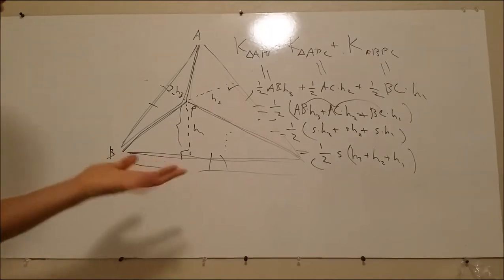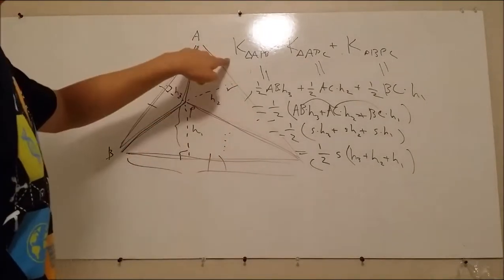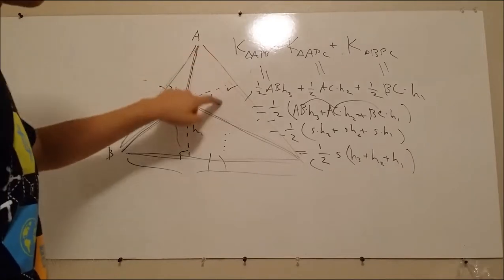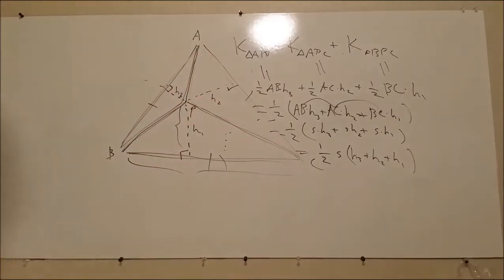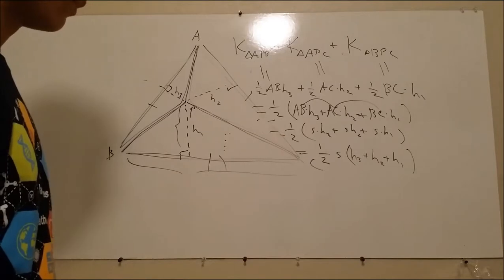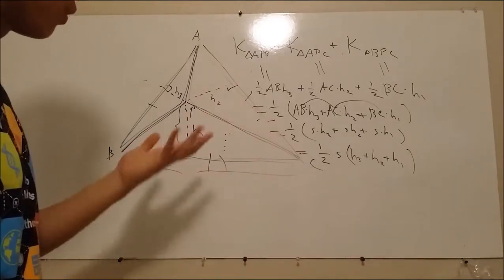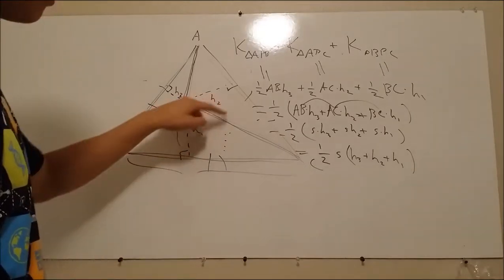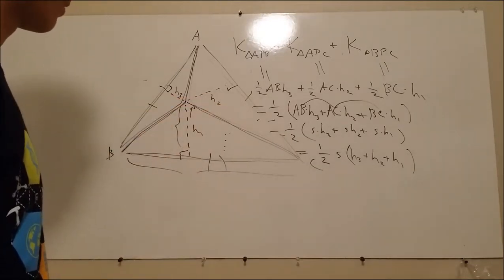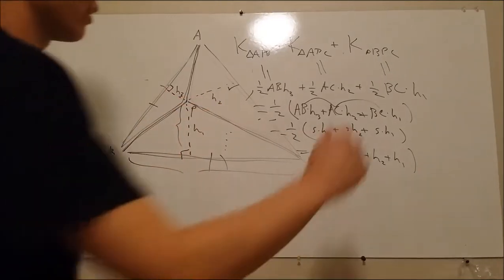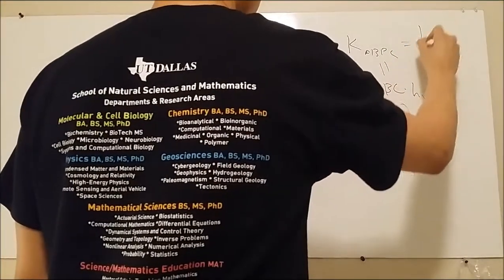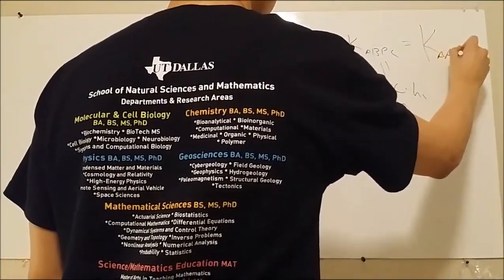But we've done really nothing more here than rewrite this, this addition of triangle areas. Right? We haven't really said much yet. But at this point it's really obvious that what is the addition of these three areas? It's simply the area of the entire triangle. This is just area of ABC.